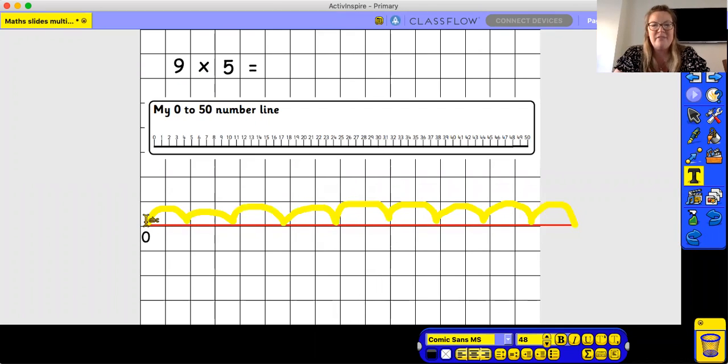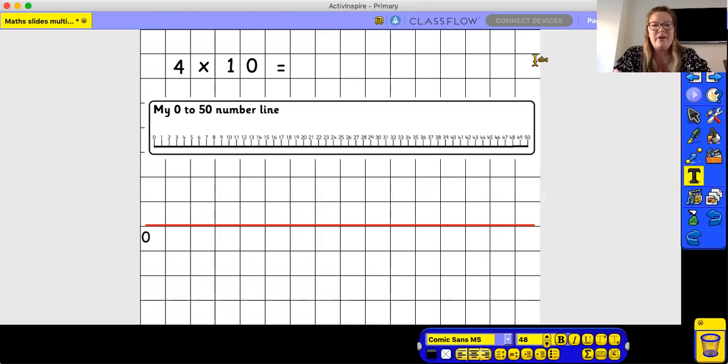Help me count in 5s in 3, 2 and 1. 5, 10, 15, 20, 25, 30, 35, 40, 45. So there is our answer, 45. 9 lots of 5 equals 45. Very well done if you got that answer correct.